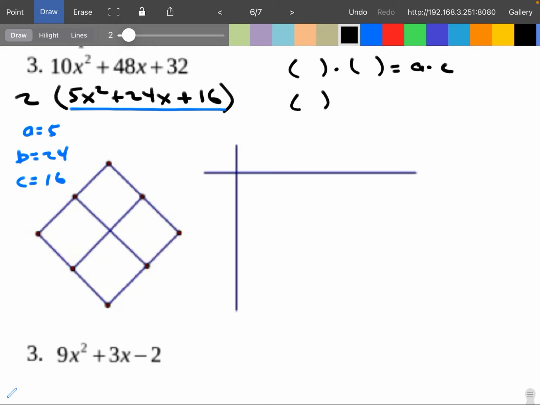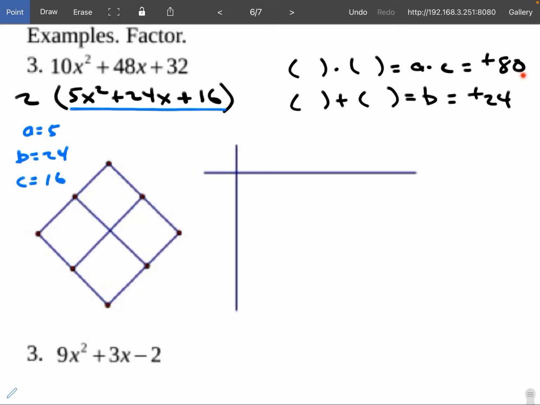All right, so now we're going to set this thing up. We need 2 numbers that multiply to a times c, where the same 2 numbers add up to b. So what's a times c on this one? 5 times 16, that's positive 80. And then b on this one is positive 24.